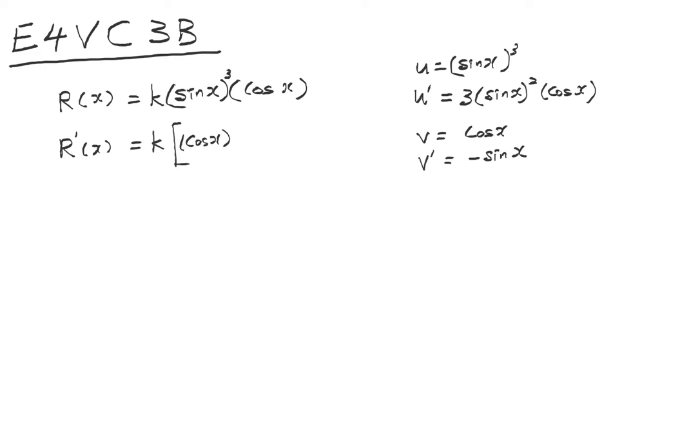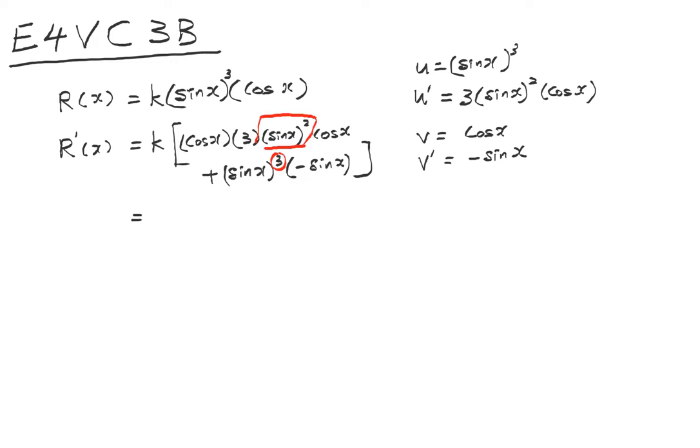Okay, so you put into your product rule formula, V U prime, plus U V prime, right? You have that. So then what you can do is you can factorize out sin squared.